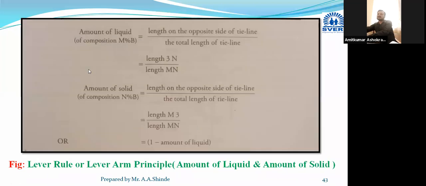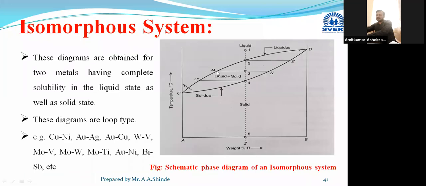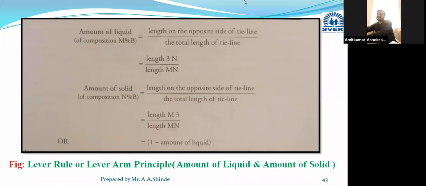Then we have calculated by considering this temperature point and this composition point, how to apply the lever arm principle, or lever rule, to find out the amount of liquid and amount of solid, which we have discussed in this session.